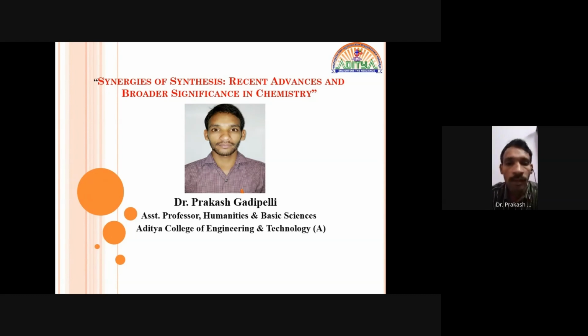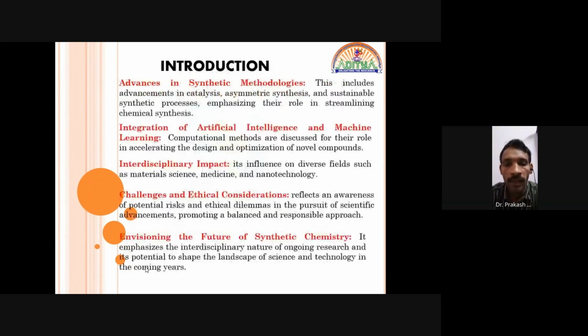Regarding this, I will explain the synthesis, recent advances, and broader significance in chemistry: the synthetic methodologies, which catalysts are involved in the reactions, asymmetric synthesis and sustainable synthesis processes, and one more thing, how artificial intelligence and machine learning help in the reaction mechanisms, and what the applications are.